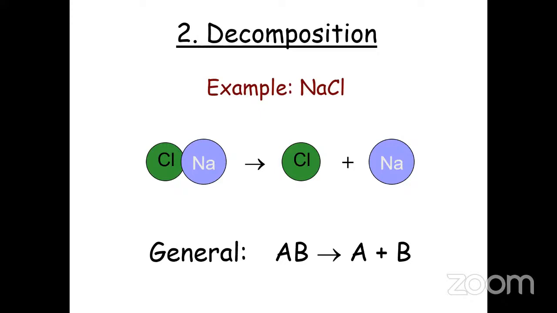In general, when you have a compound AB and you decompose it, you are breaking it down into its constituent elements, A and B.